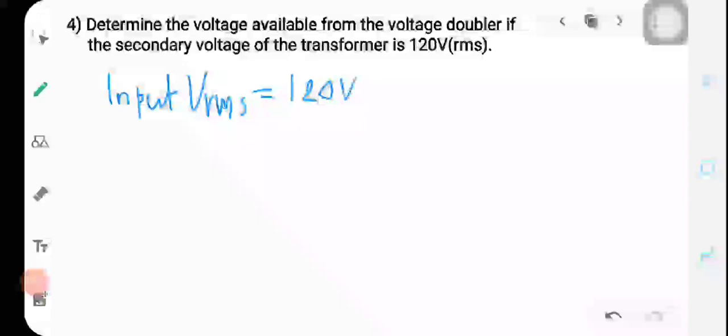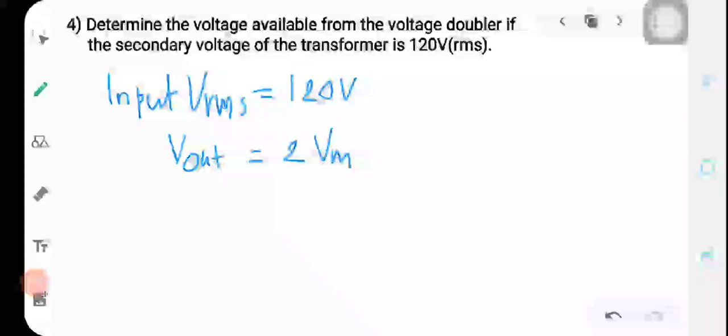Now you know that for a voltage doubler, V out will be equal to 2 times the maximum voltage of the input signal, or peak value of the voltage signal Vm. So V out will be 2 times Vm.